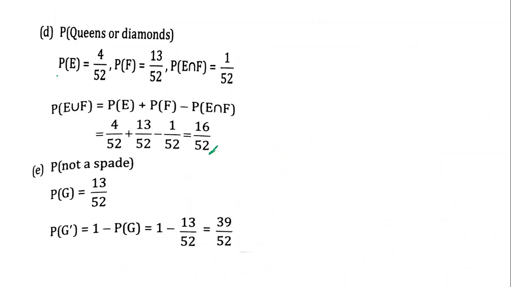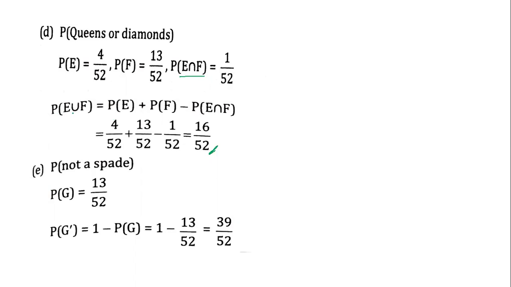So P of E, the event of getting a queen card, is 4 by 52, and F is the event of getting a diamond card, which is 13 by 52. And what is common between the two? A queen card is common between both of them, that is 1 by 52, which is E intersection F. Now put that into the formula.